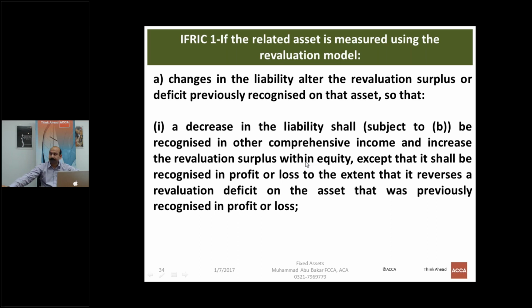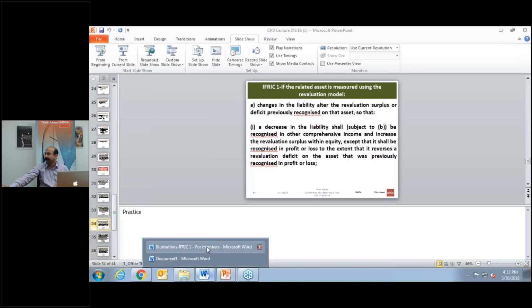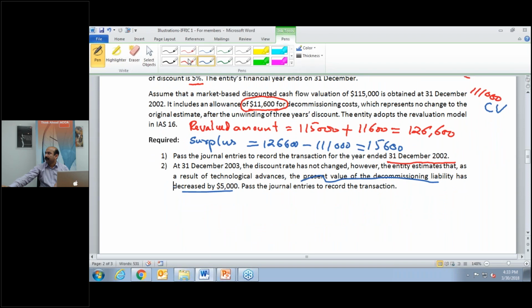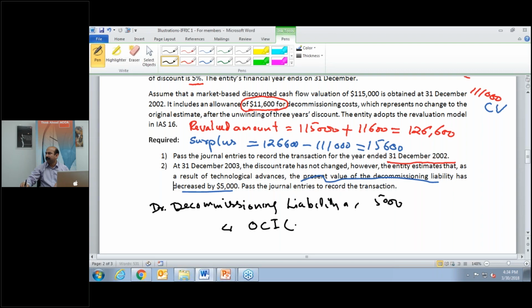So the entry will be: debit decommissioning liability 5,000 and credit other comprehensive income, and this will increase the revaluation reserve by 5,000.